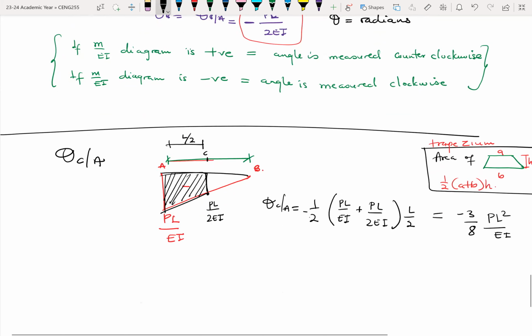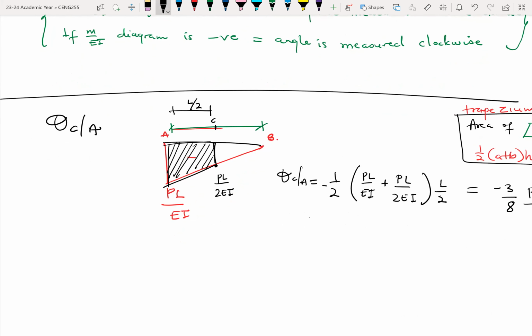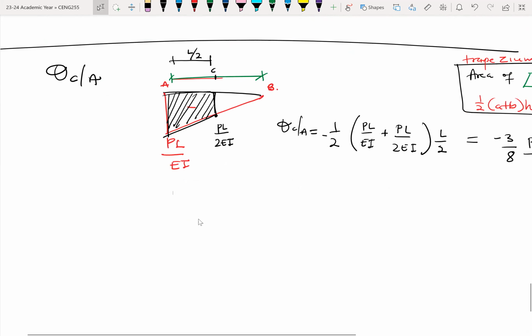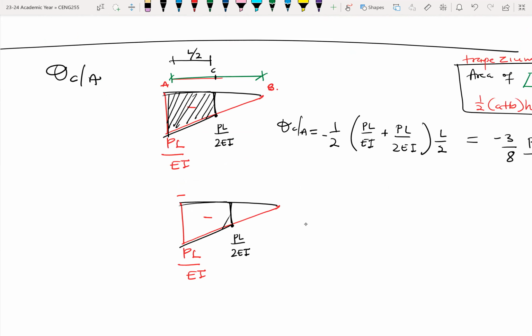The other approach would be that you take this diagram as it is. Instead of using the trapezium equation, one simple method will be to divide it into triangles and rectangles.